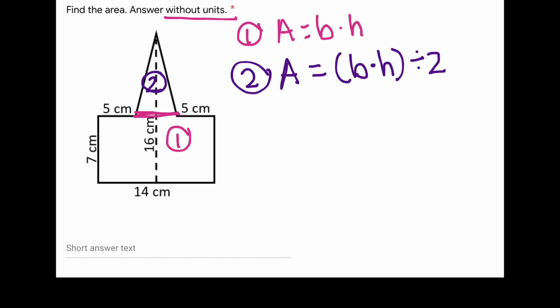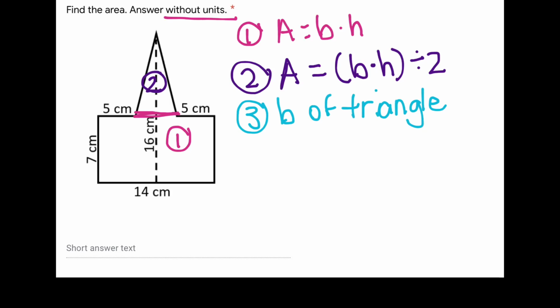And we also are going to have to find our base of the triangle. That's tricky. So the base of our triangle, we know that the whole base of the rectangle equals 14.